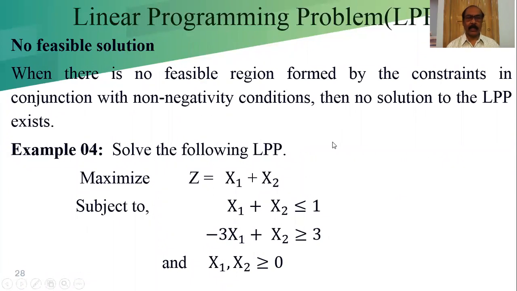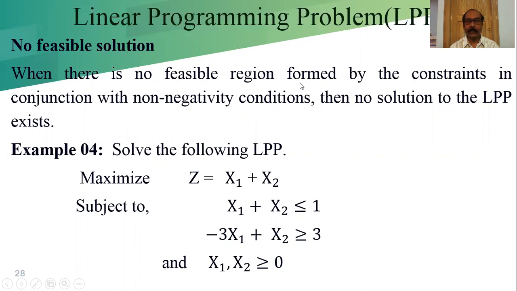Now no feasible solution. I'm considering another example where the feasible solution does not exist. When there is no feasible region formed by the constraints in conjunction with the non-negativity conditions, no solution to the LPP exists. In this case, we cannot get a common feasible region for each and every constraint. Unless we get the feasible region, we cannot say that the solution exists.